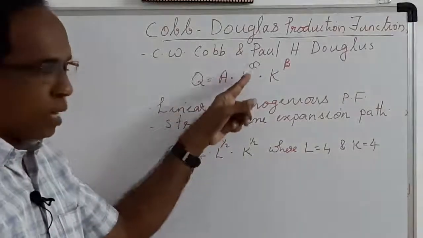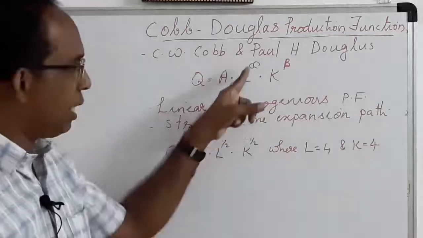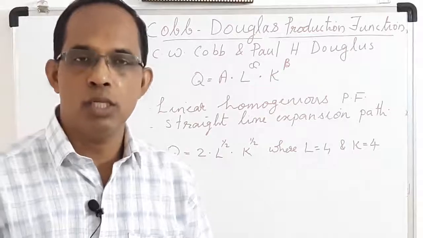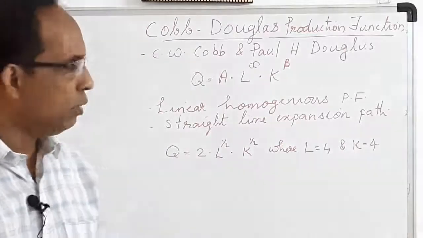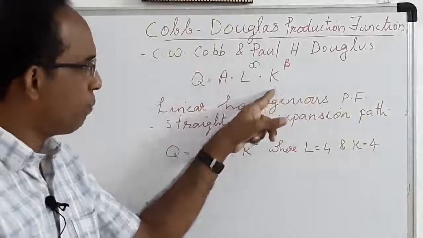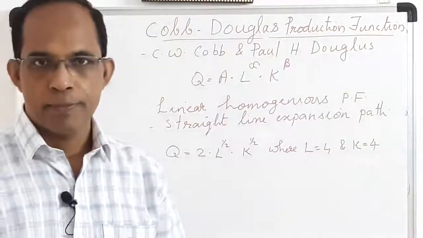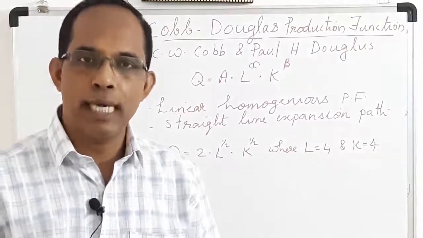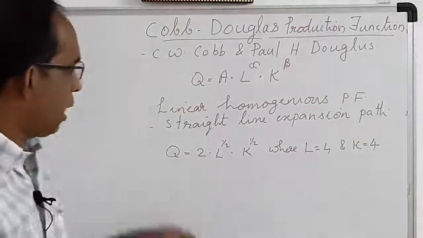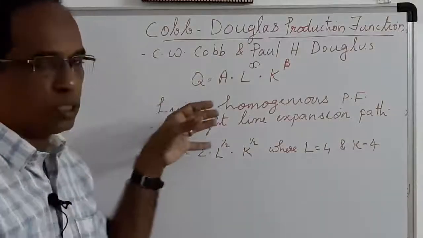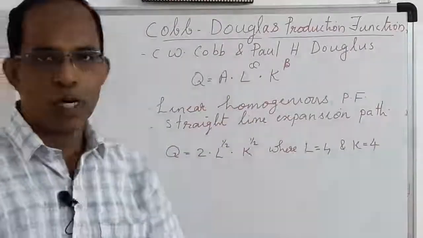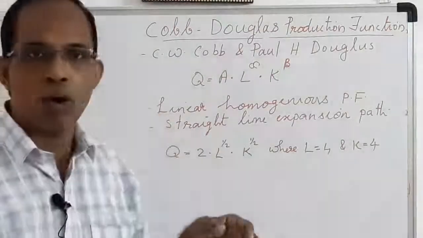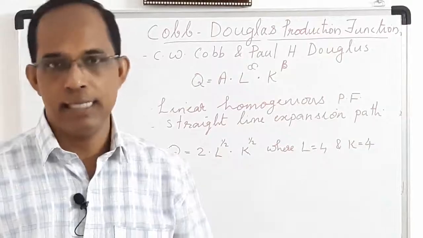And the exponent of labor, that is alpha, shows the output elasticity of labor. And the exponent of capital, that is beta, shows the output elasticity of capital. And there are many interesting properties for this Cobb-Douglas production function. That is why it is very helpful for managerial decisions.